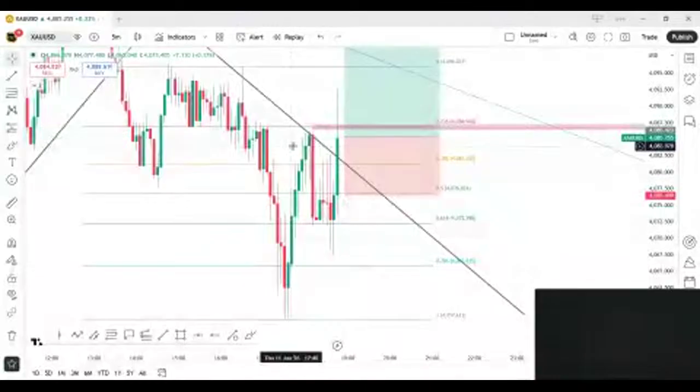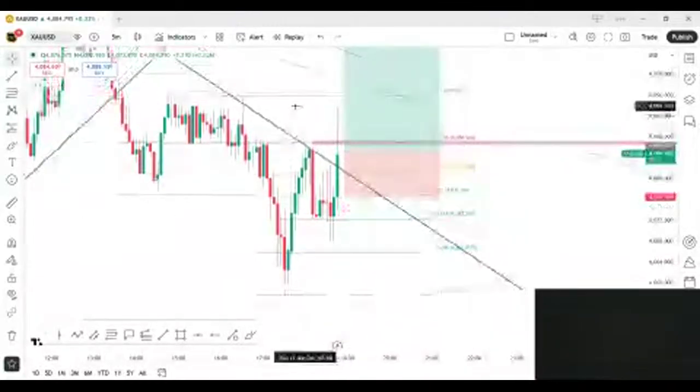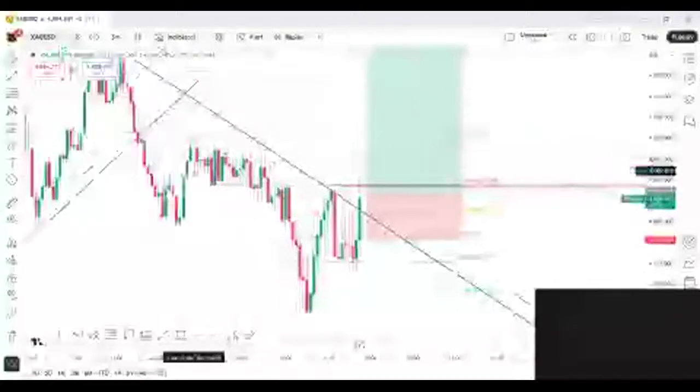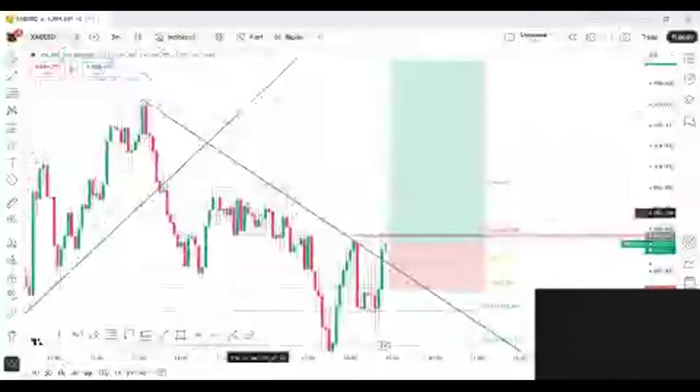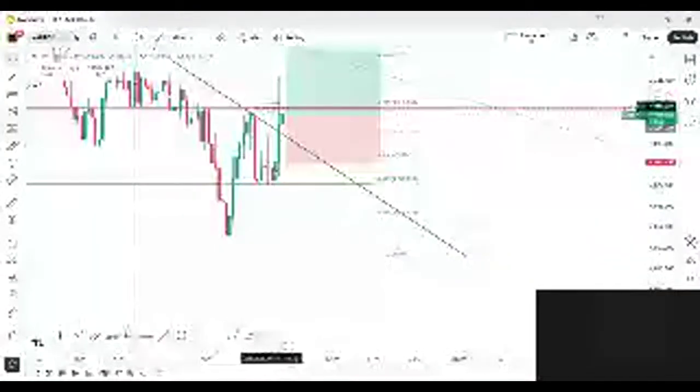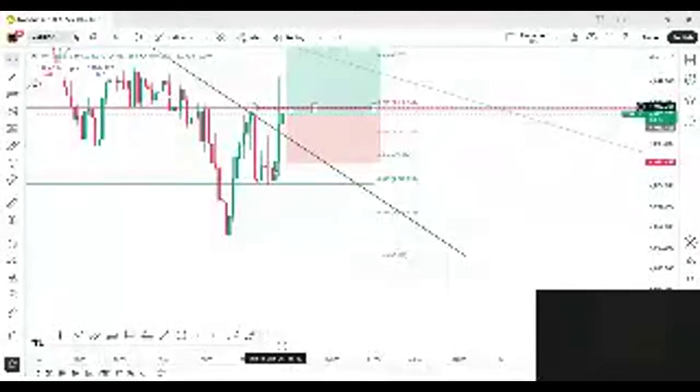So you guys can see, again the market has tried to take the sweep like that, as the market did here, as the market was keep doing that thing. And then the market gives us a closing below this zone area, so it means that we need to wait more.